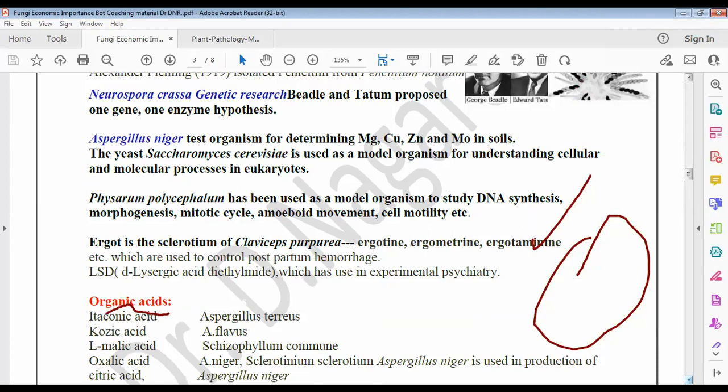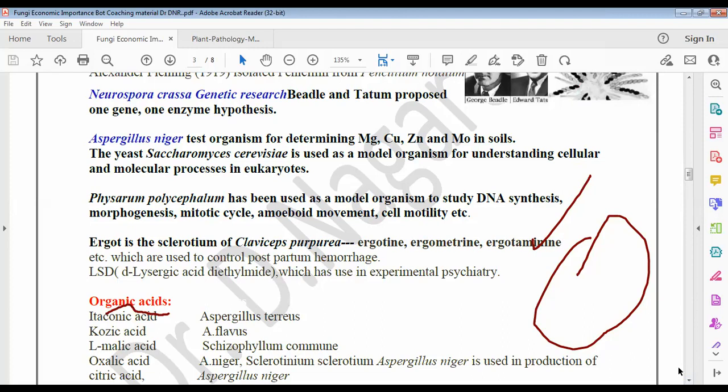In DNA synthesis, we are using Pisarum polyseparum as a model. Drosophila is the genetic model animal in zoology. Here, Neurospora is the genetic model for the study of plant aspects.